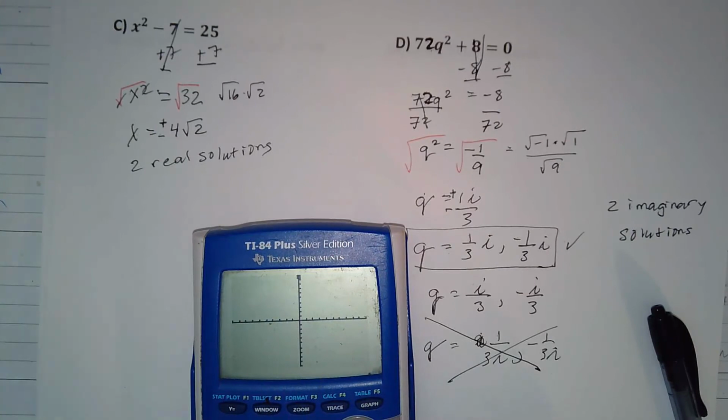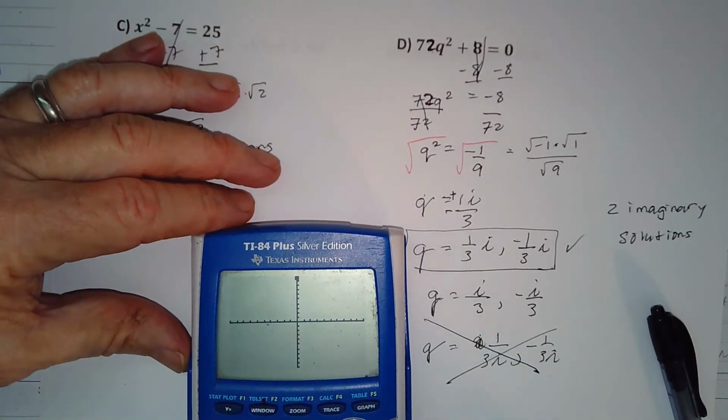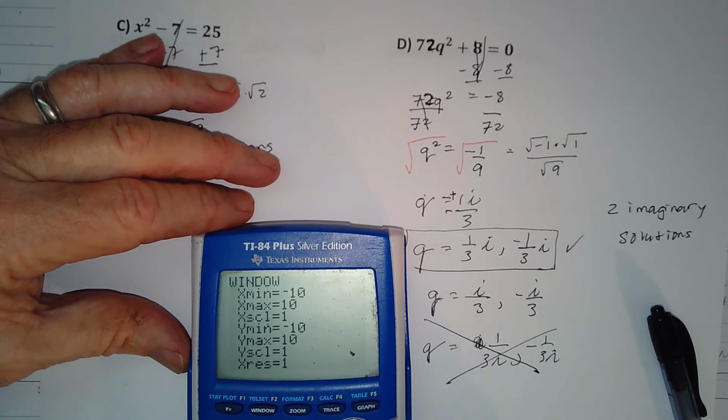Let's see if we can see the parabola. So what I'm going to do is go over here to the window button, and change my max, which is at 10 for x, to 20. And then I'm going to go down here to my y max and change that also to 20.